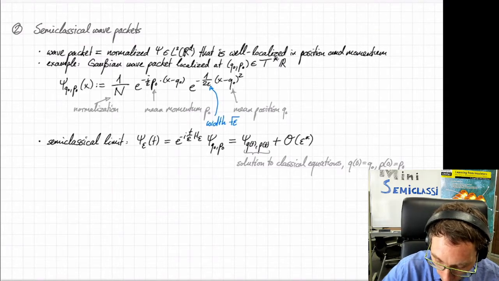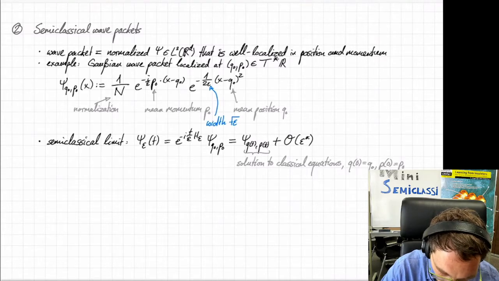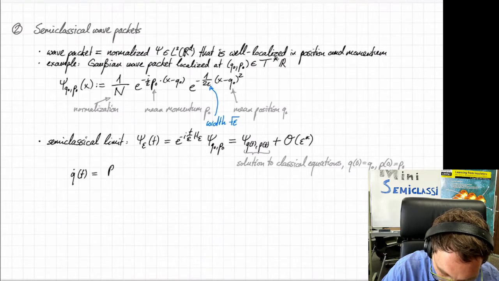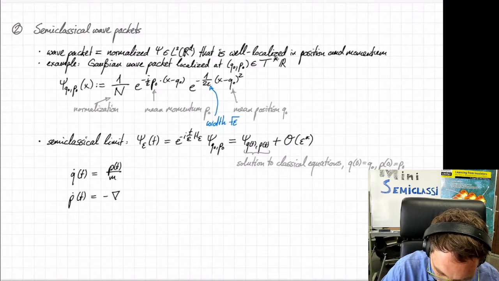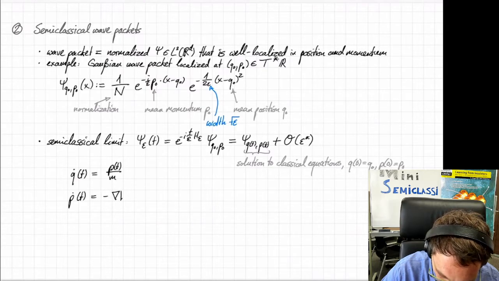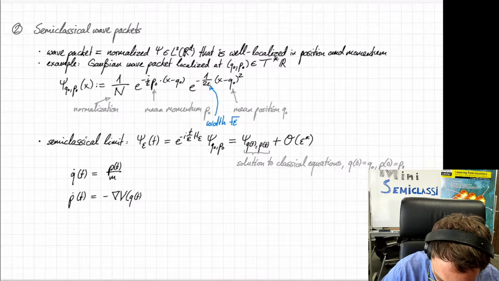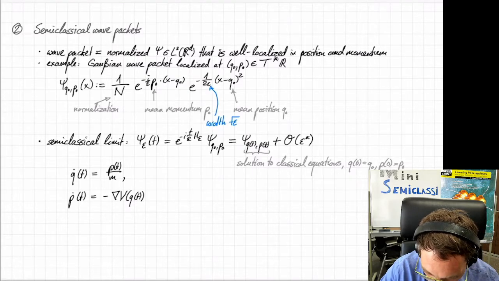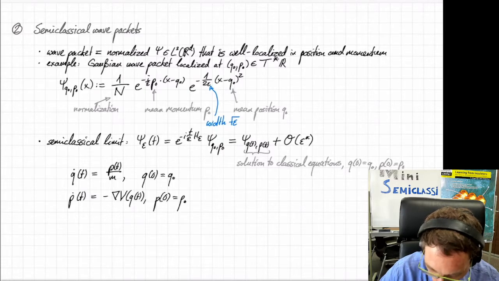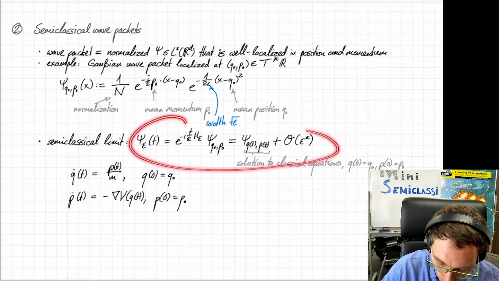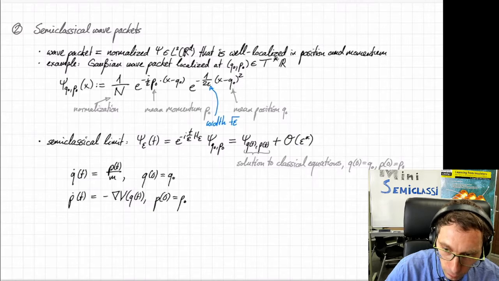So more explicitly, they satisfy q dot of t equals p of t divided by m, and p dot of t equals minus the gradient of the potential V. So this would be roughly the statement that you would like to prove.